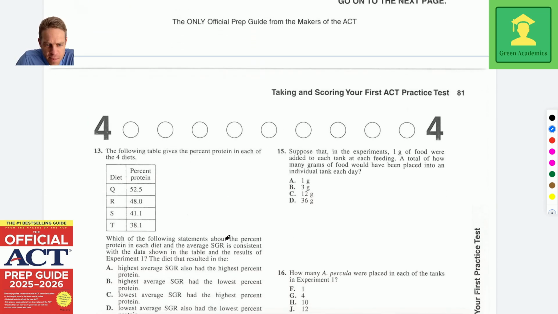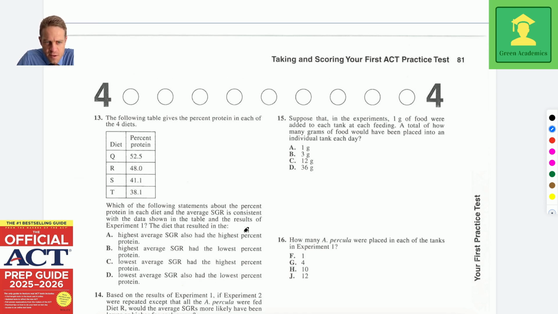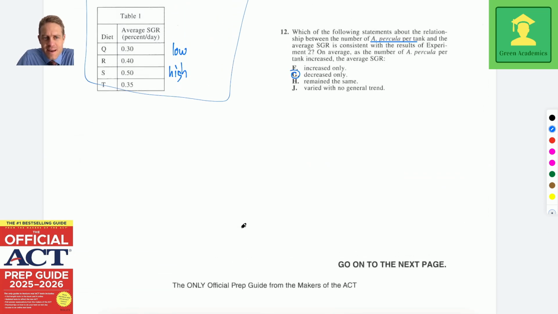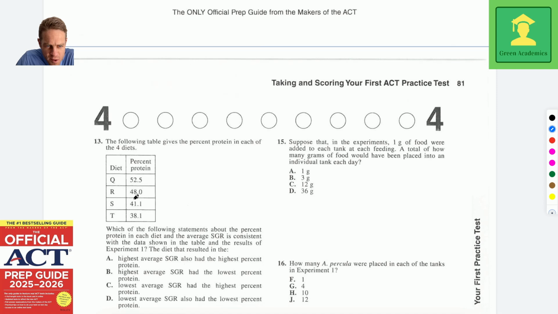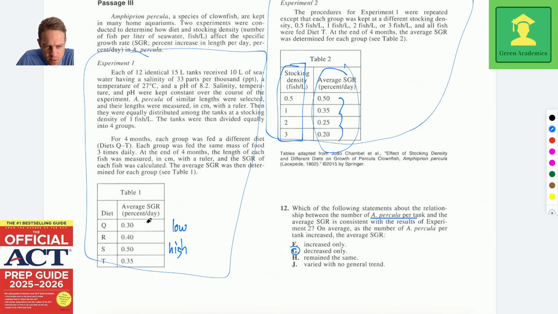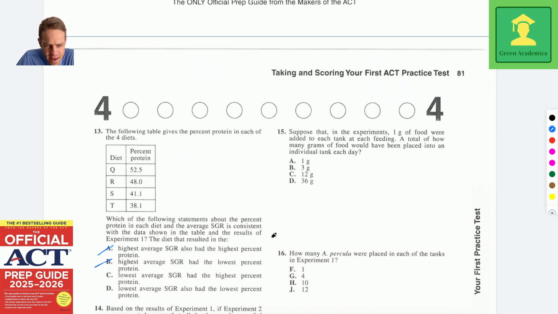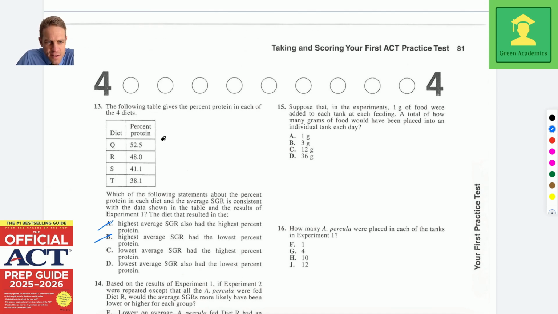Okay, so the diet that resulted in the highest SGR also had the highest percent protein. Well, the highest was S as in Sam. Was that the highest protein here? No. Highest protein had the lowest percent. Is that? No, it's not that either. The one that had the lowest, which is Q as in quicksand, had the lowest, had the highest.